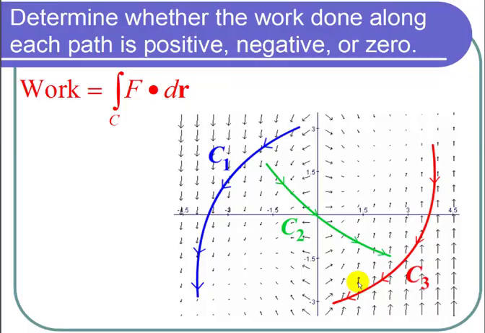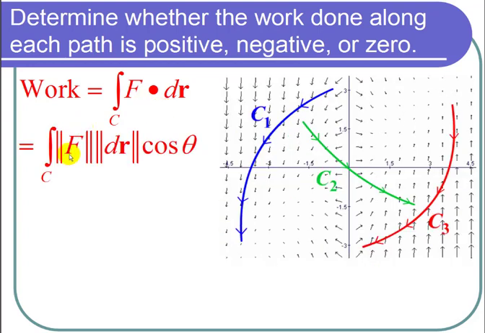And let's recall the work is defined as the line integral over the curve C of the vector field F dot dr. So we have our three paths, and it's easier to realize that the dot product is defined as the magnitude of the first vector times the magnitude of the second vector times the cosine of the angle between the vectors.